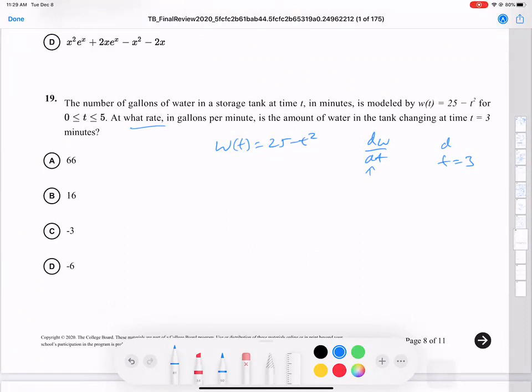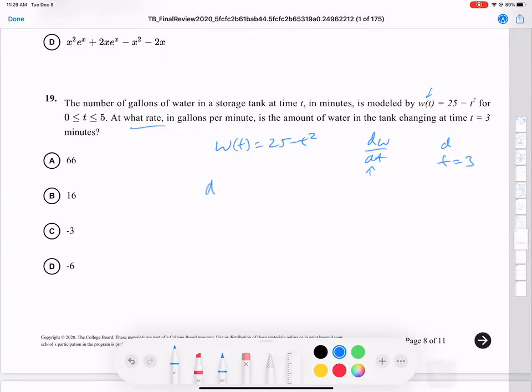So the number of gallons in the storage tank at time t is multiplied by that. So that's the number of gallons. At what rate, in gallons per minute, is the amount of water in the tank changing at t equal to 3 minutes?